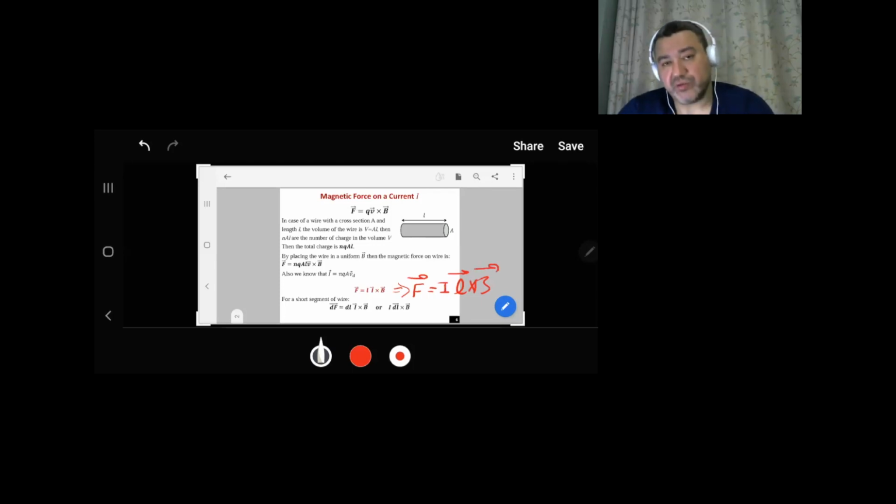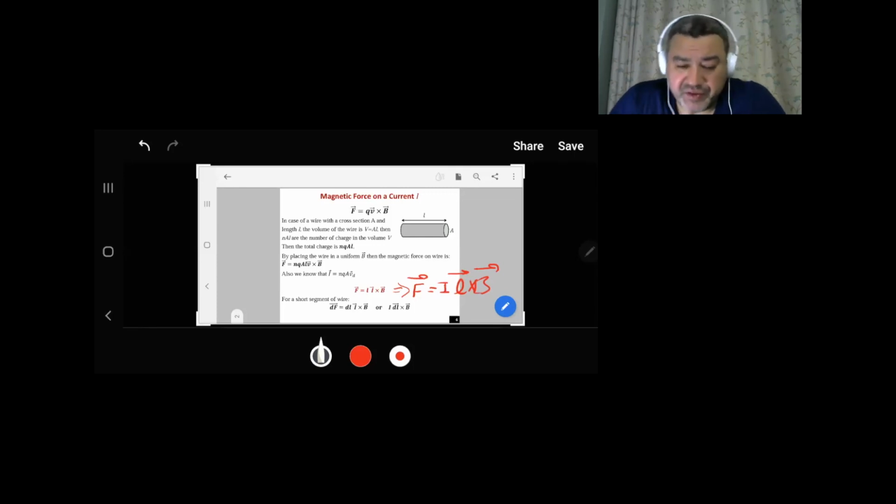It is easier to use the current as the scalar, since the current will be the same in that wire, and then use the displacement vector that represents the shape of the wire as the vector. So here it becomes F equals I L vector cross B vector.